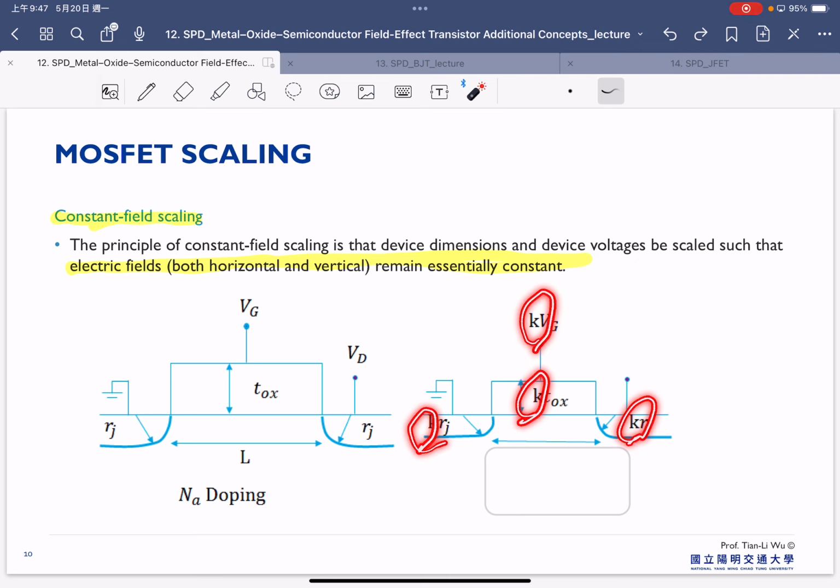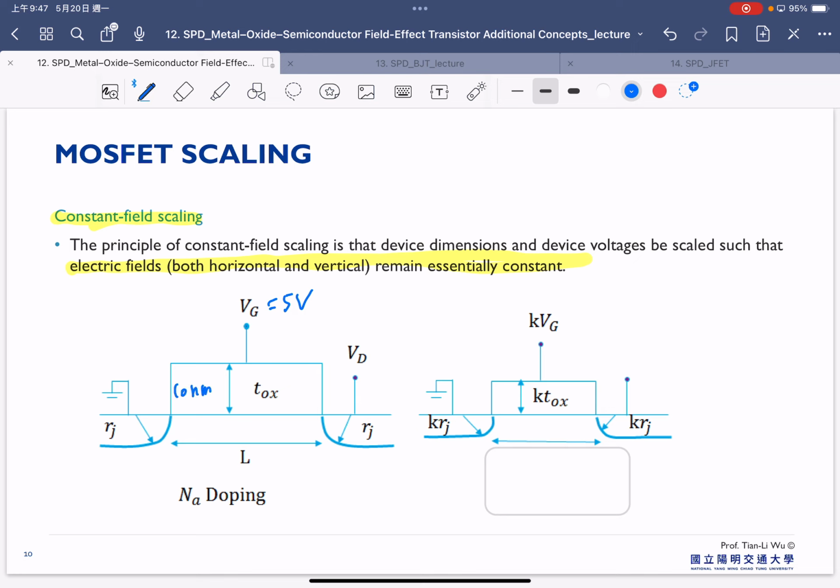If we put in some numbers, for example, in the old technology, VG might be applied at 5 volts, with a 10 nanometer oxide thickness, a channel length of 1 micrometer, and a doping concentration of 10 to the 7. That can be the original old design. But now, if we do the scaling, we apply the K factor.